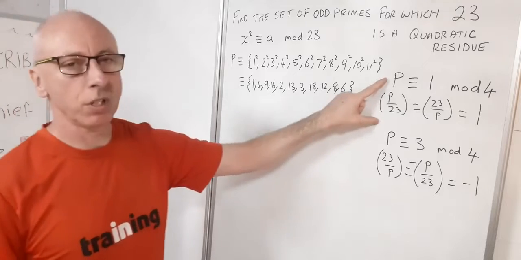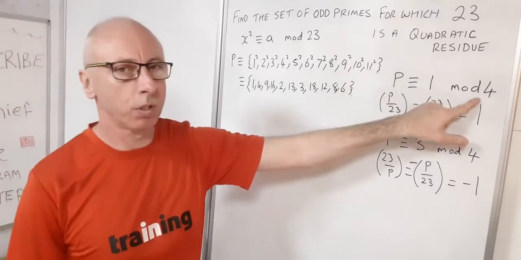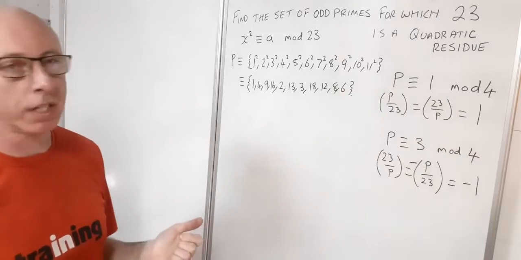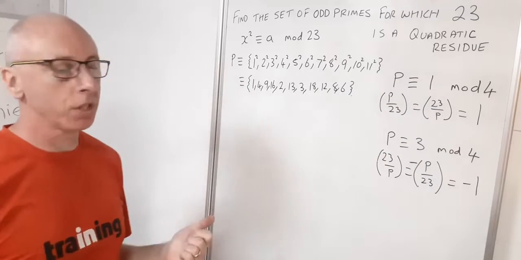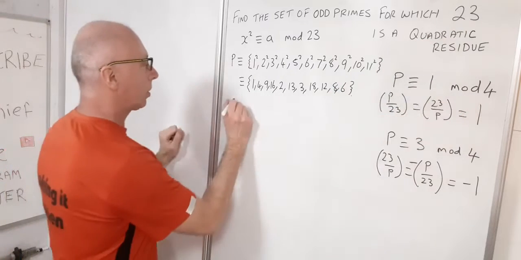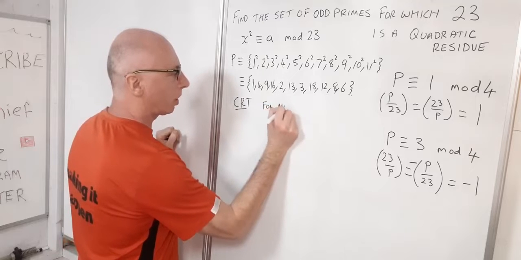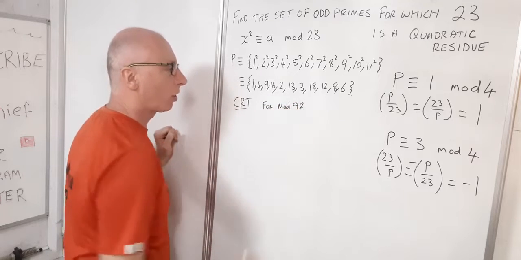But if we've introduced P congruent with 1 modulus 4 as one of our rules, we now need to use the Chinese remainder theorem and use modulus 92, because we've got mod 23 and mod 4. So, Chinese remainder theorem for modulus 92.